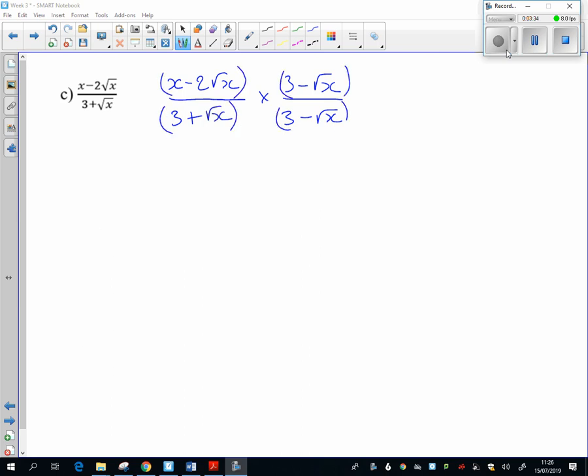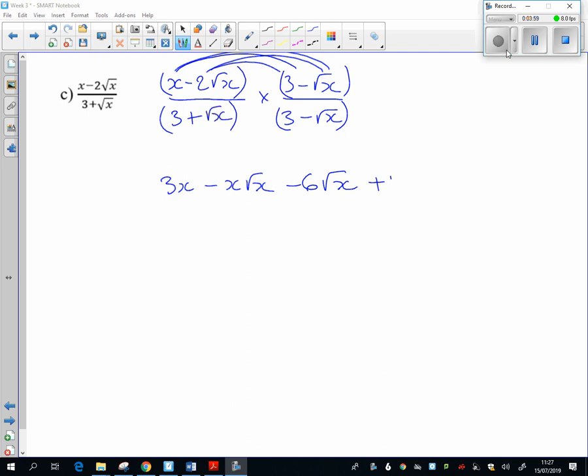You might want to use grid method. So I've got first is 3x. I've got outer is minus x root x. So I'll come back and think about whether I can simplify that in a bit. So I've got minus 2 root x times 3. And I've got minus 2 root x times minus root x.